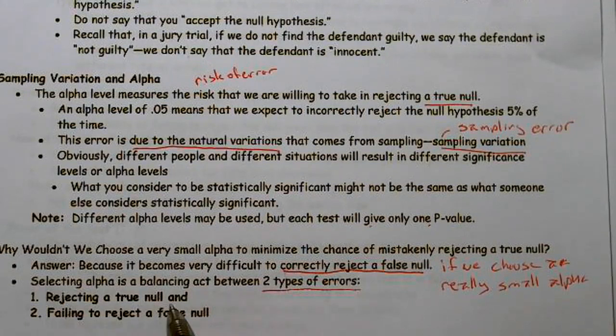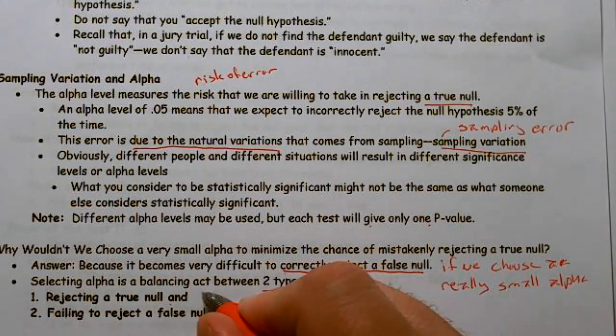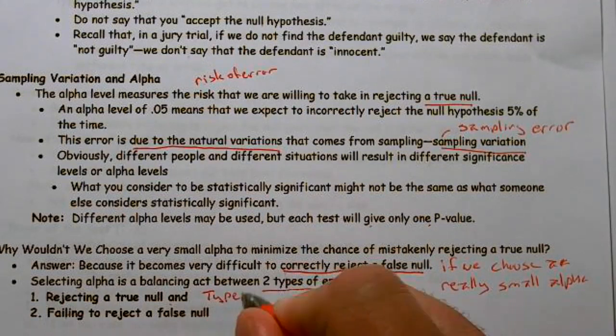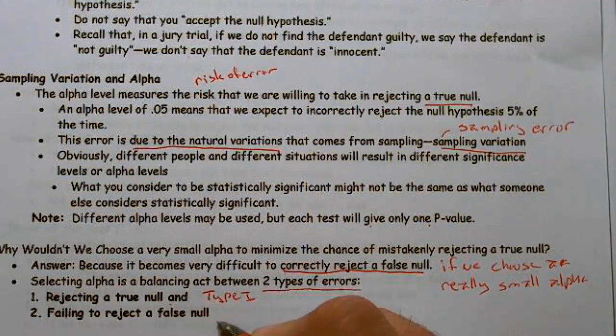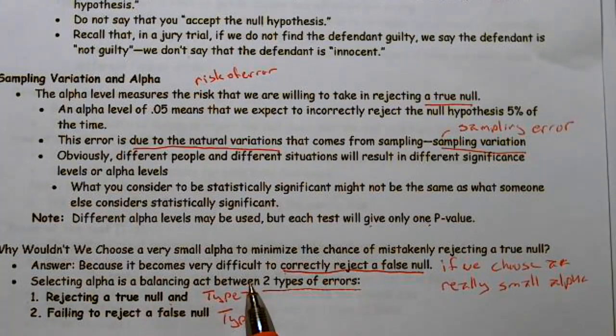Rejecting a true null, which is type 1, and failing to reject a false null, which is type 2. And I'm going to real quickly say this, just because you reject doesn't mean you committed a type 1, but that's the only type of error you might have committed. Failing to reject doesn't mean you committed a type 2, but that is the only type of error that you could have committed.